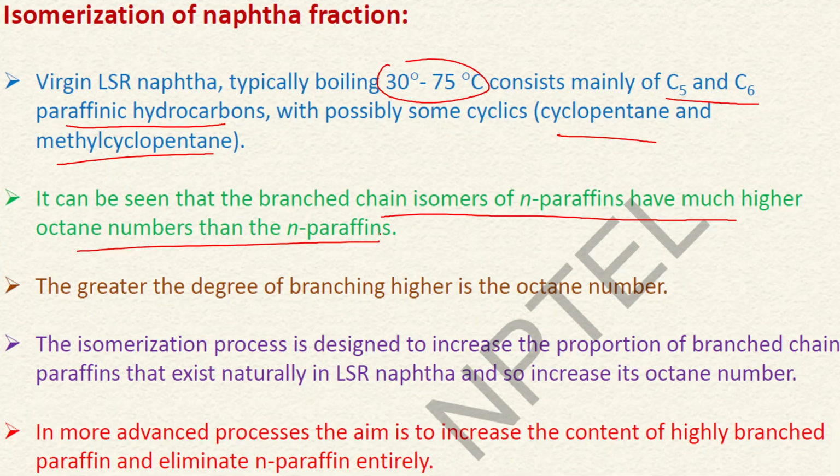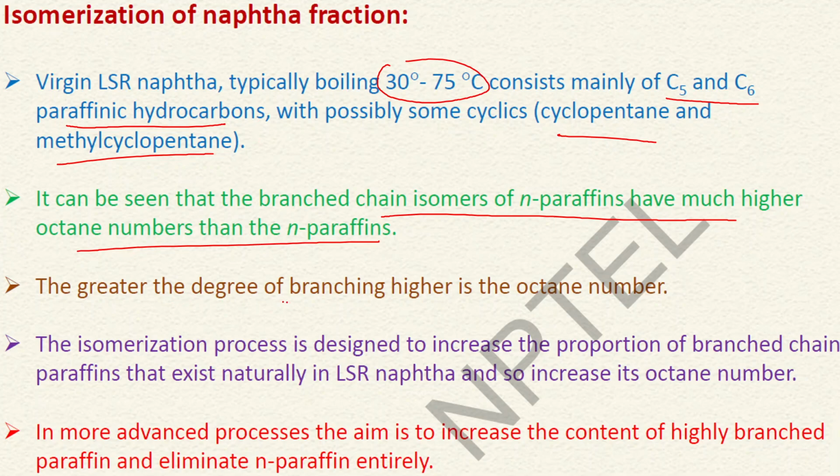As I told you, isoparaffins and aromatics are required for good octane number. These isoparaffins are the branched chain isomers of N-paraffins, so they have better octane number compared to N-paraffins. So what we do is isomerize these N-paraffins and convert them into their isoparaffin structures.